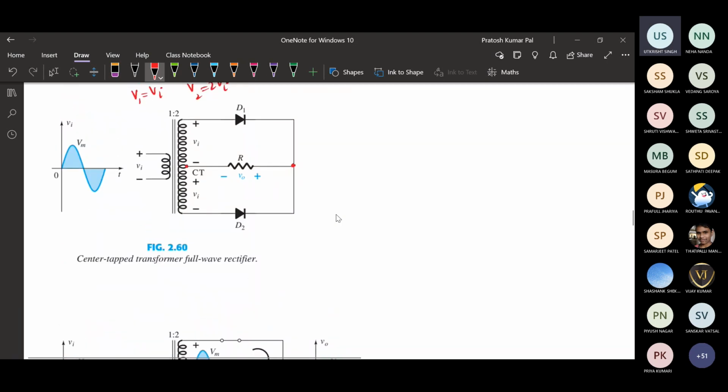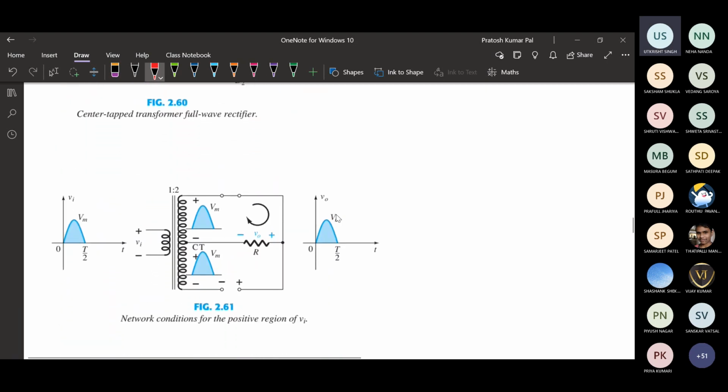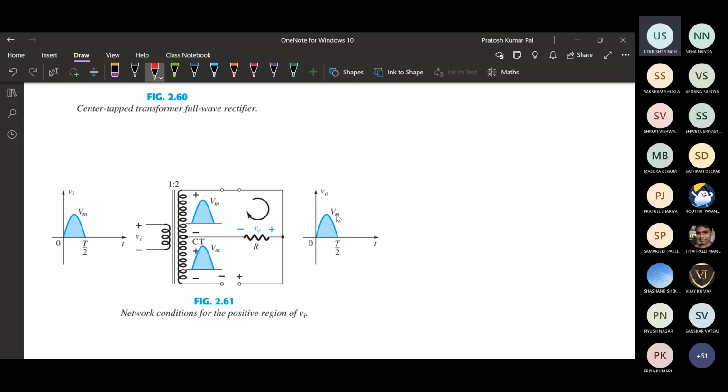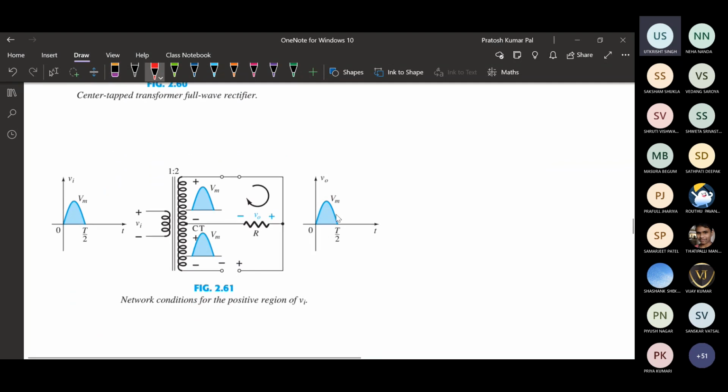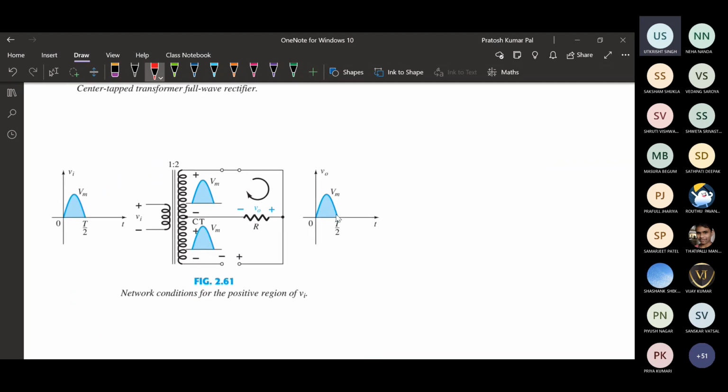Here we are going to analyze the first half first, that is the positive half, where we apply the positive half input plus Vi. Positive will be applied here and negative here, and in the second part also, positive and negative will be applied.